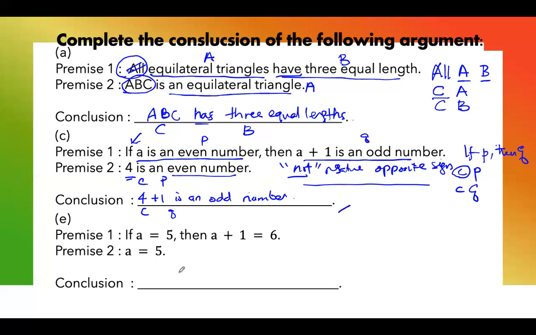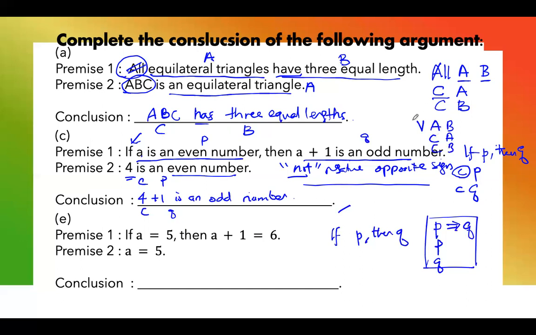All right. So another one. If A equals to 5, A plus 1 equals to 6. So this one is very clear, it is if P, then Q. So I just want to introduce you a very simple symbol. If P then Q, P true, Q true, right? So it's easier for you to remember also. Okay, right? So here is all A is B, C is A, C is B. So this one is easier for you to do type 1, type 2.